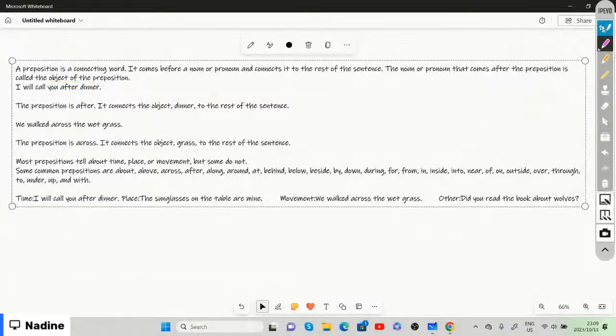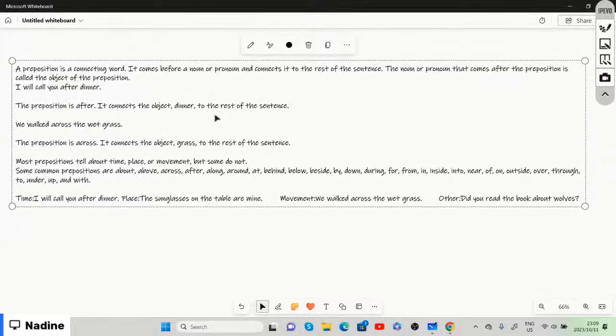All right. And there we have the preposition is after, which connects the object, dinner, to the rest of the sentence. So the object and the noun is dinner. We walked across the wet grass.